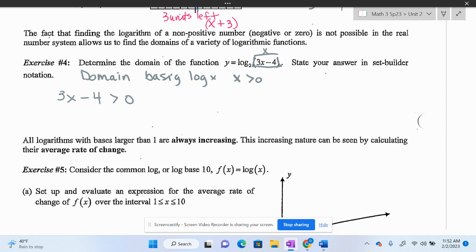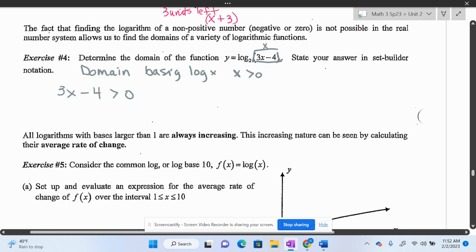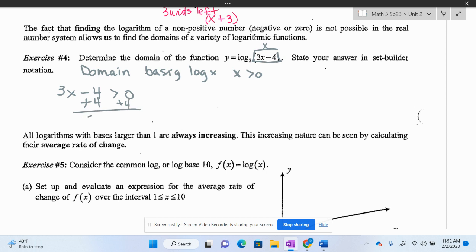So how do I solve that? How do I figure out what x has to be for my domain? Add 4 on both sides and then divide by 3. You did that quickly. So when I add 4, I have 3x is greater than 4. Divide both sides by 3. And I find out that x has to be greater than 4/3.